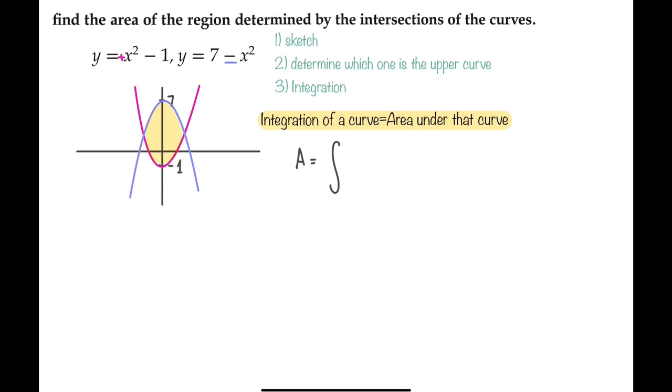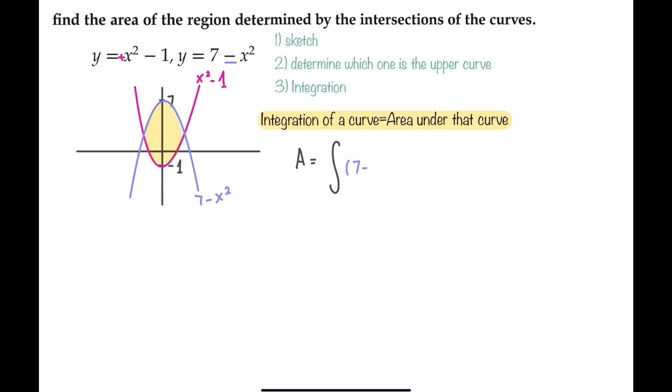So it's like finding their areas and then subtracting them to find the area that is in the middle between them. So the upper curve, as we can see, it's 7 minus x squared, and the lower curve is x squared minus 1.